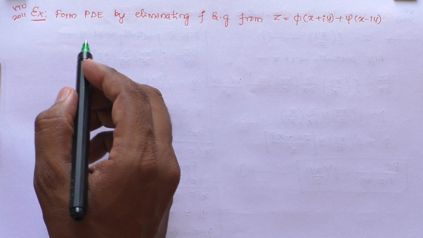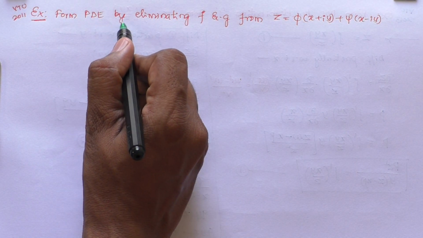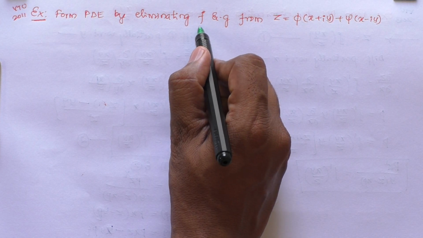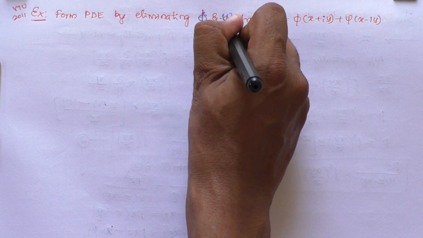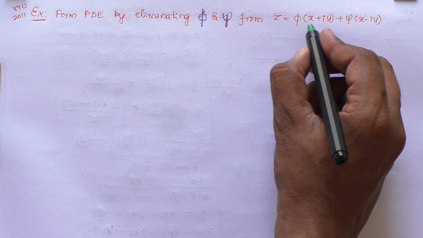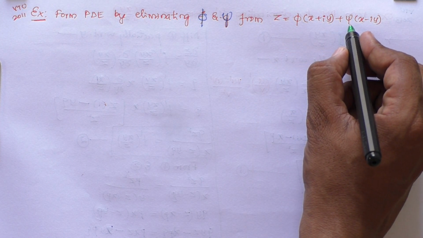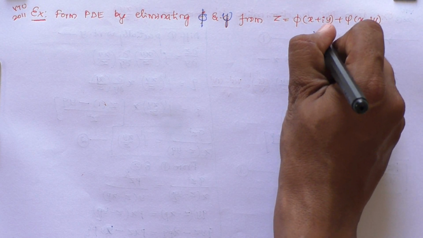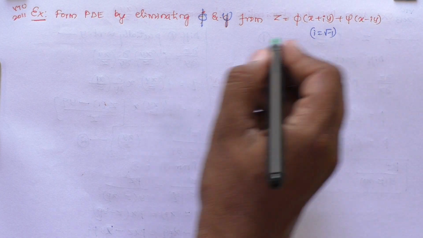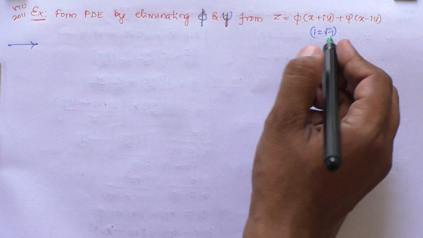Now let us solve another problem. Form a PDE by eliminating arbitrary functions phi and psi from z equal to phi of x plus iy plus psi of x minus iy, where i equals square root of minus 1. It is the same as the previous problem.